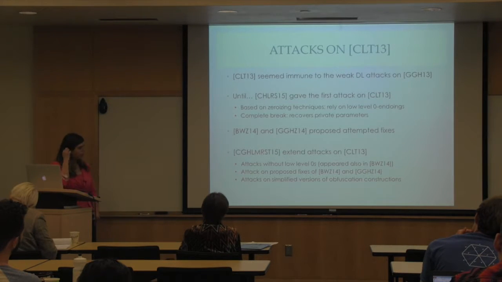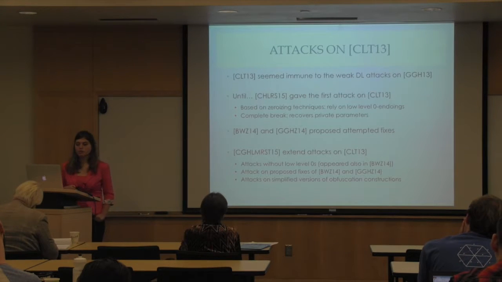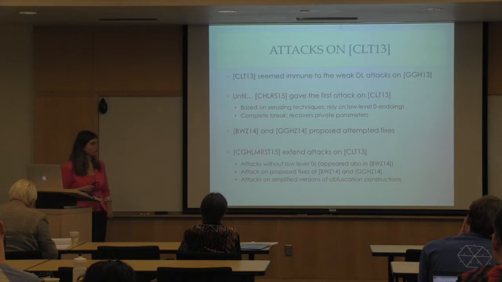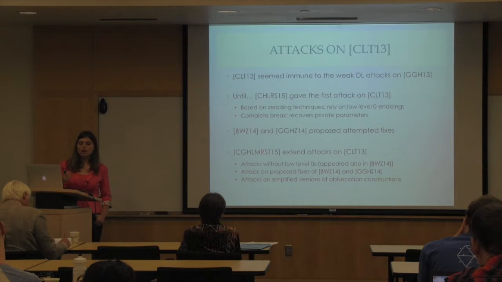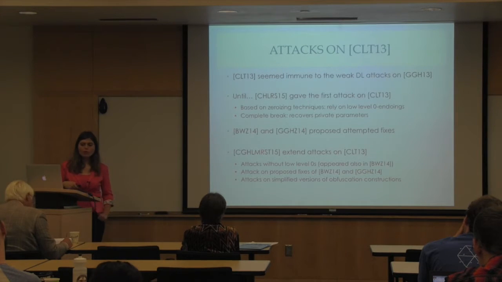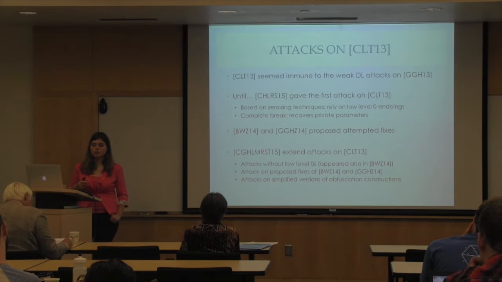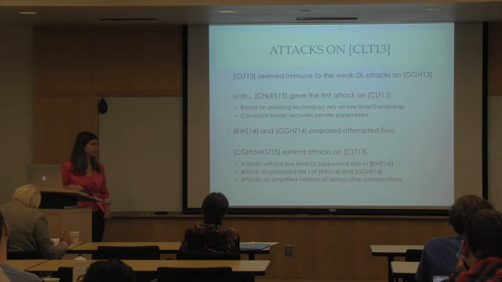However, in our work, we first extended the attacks on CLT13. We showed that we don't really need low-level encodings of zeros, and we can still mount the attacks that were proposed by Cheon et al. This was also observed in the work of Boneh, Wu, and Zimmerman. But we also showed that we could extend the attacks to break both proposed fixes in these two works.